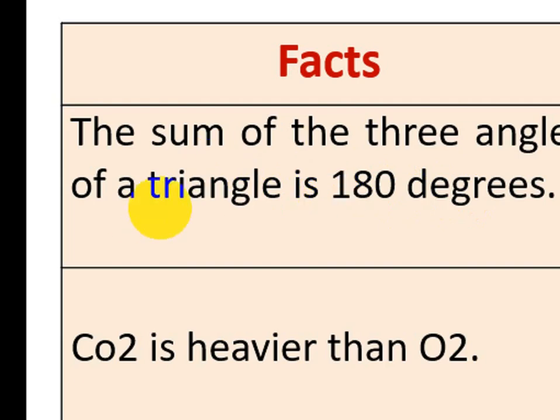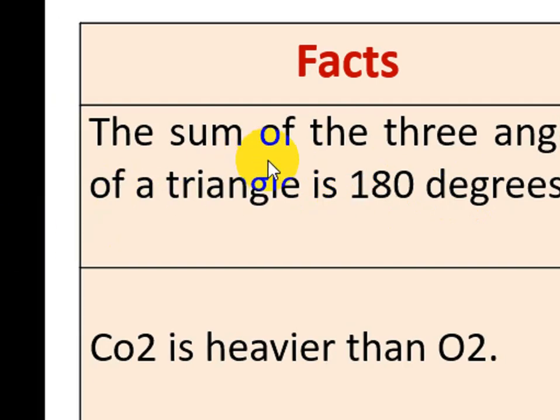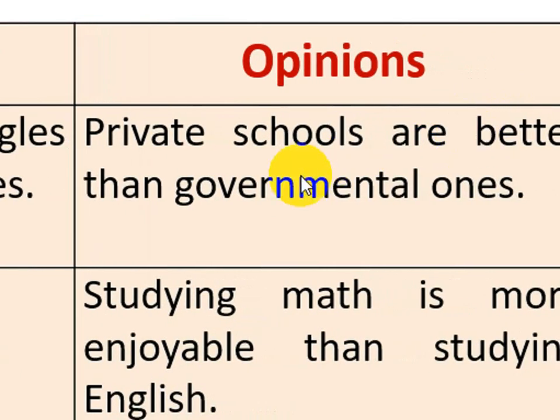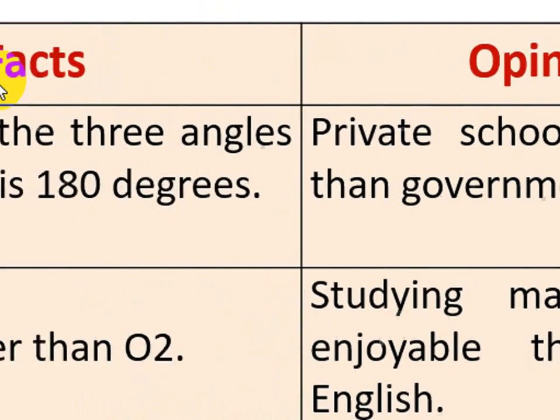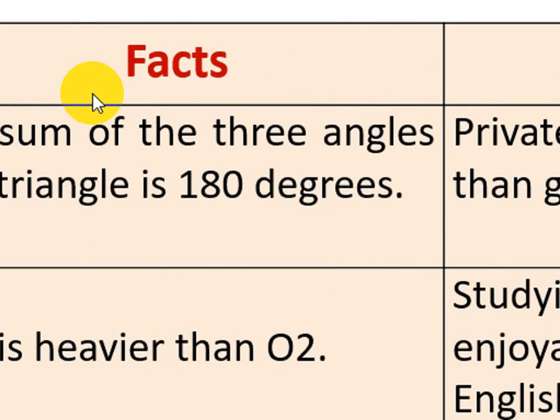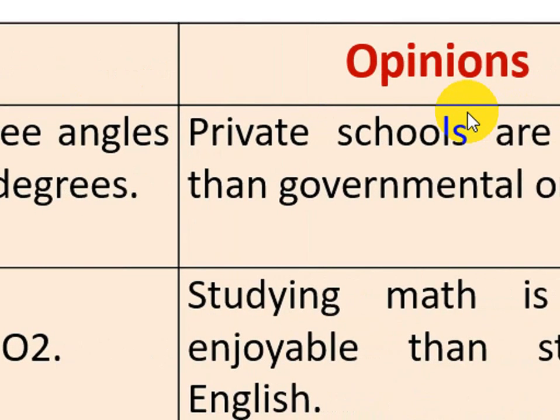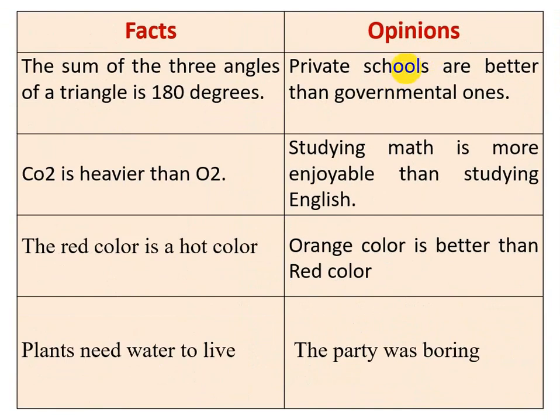So this is a piece of fact. While when you say private schools are better than governmental ones, this is just an opinion. Why? Because you may see that private schools are better, while I see that governmental schools are better. So there is a difference between the fact here, which is settled and agreed upon by all people, and opinions, which differ from one person to another.